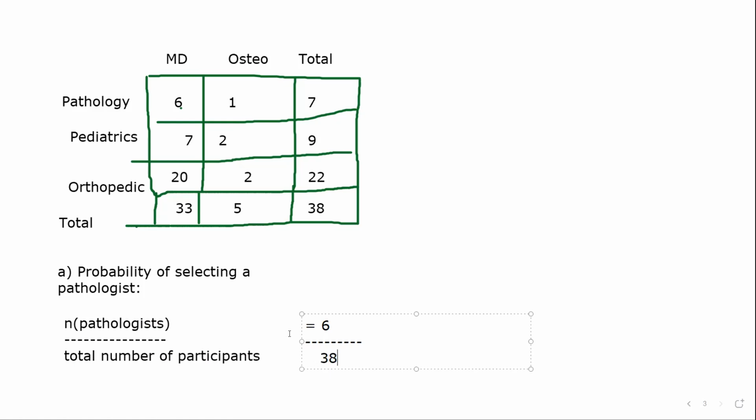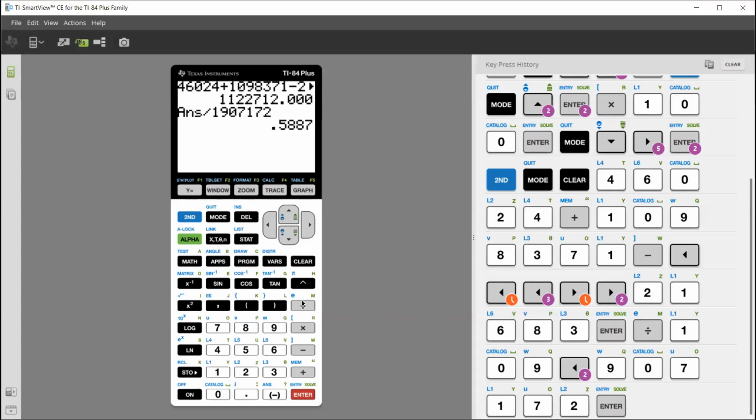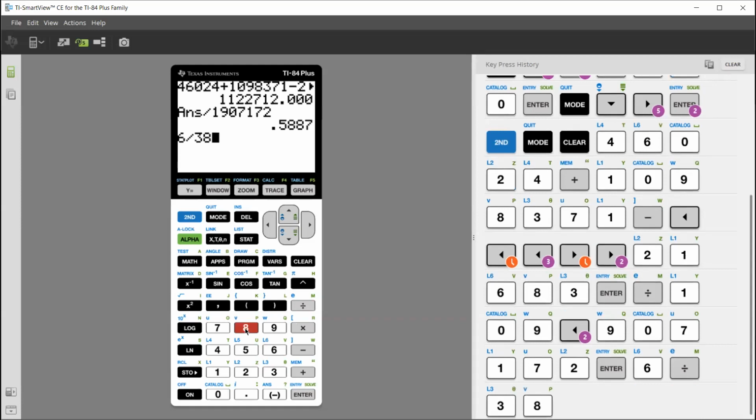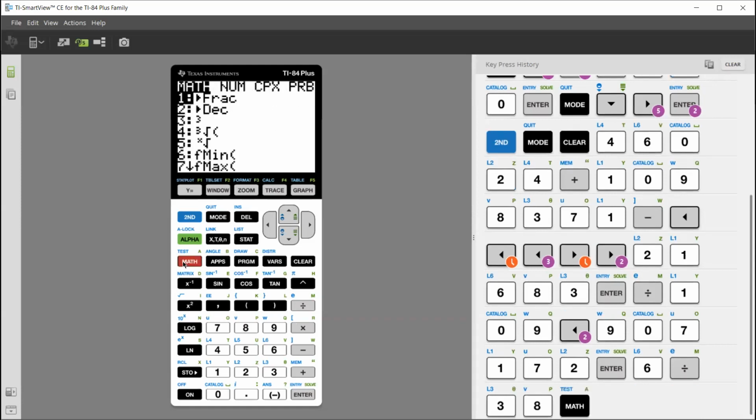Now we do our standard arithmetic routine. Let's change to the calculator screen. We have 6 out of 38. There's my fraction. If I want to reduce it, I go math, convert to frac.